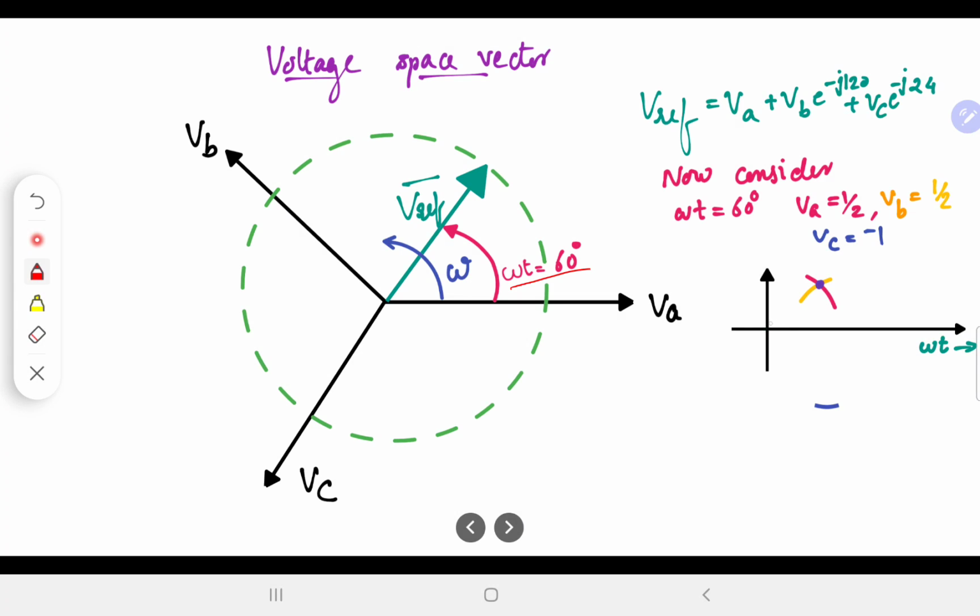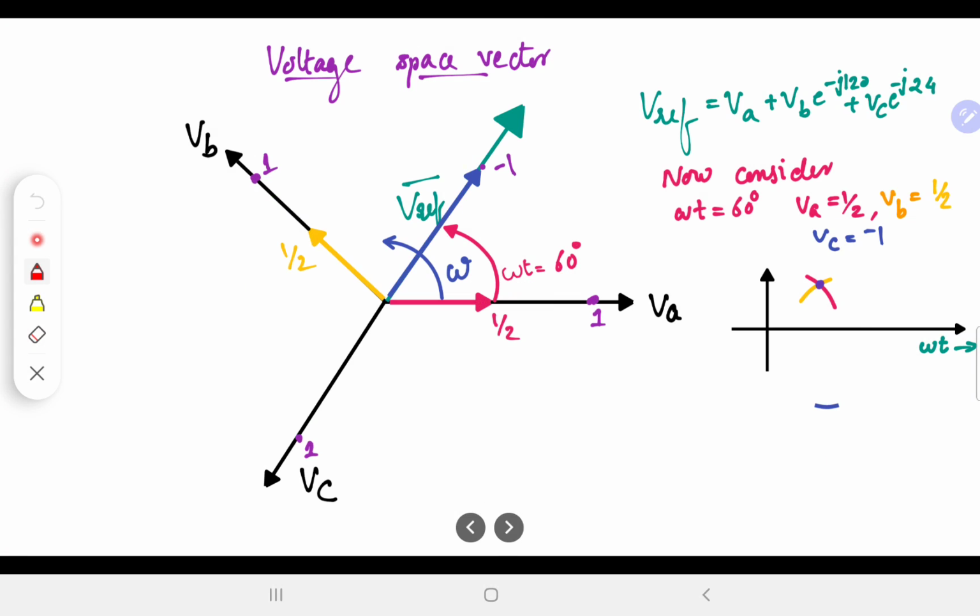One of the sines is going down at 60 degrees, the other is coming up, and the third one is at the negative peak. So Va is half, Vb is half, Vc is minus 1 at omega t equal to 60 degrees. So we generated that point.